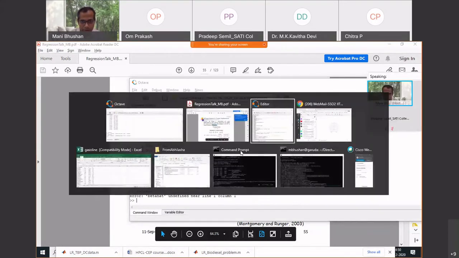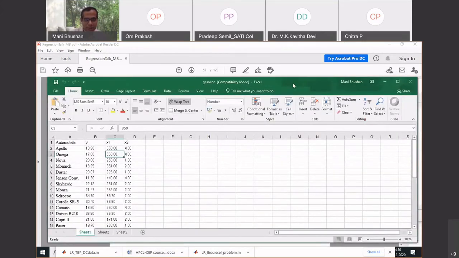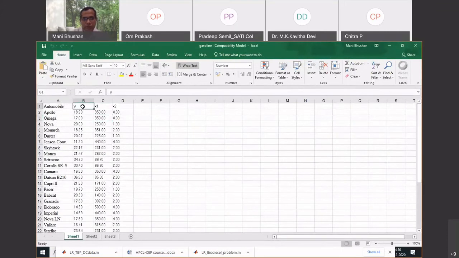Just give me a second. Yes, you can see this Excel sheet. This is the data we have for various types of automobiles. I think this is old data. I actually do not know whether it is true data or manufactured data, but it's taken from some reference.